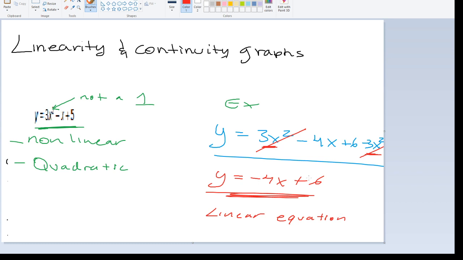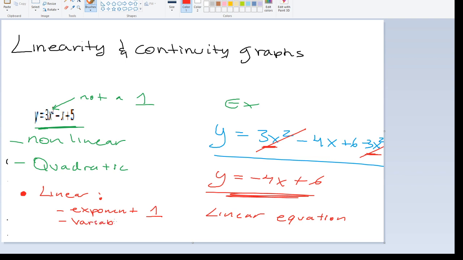One last thing. Let me review this. A linear function must have an exponent of 1. The variable cannot be in the denominator.